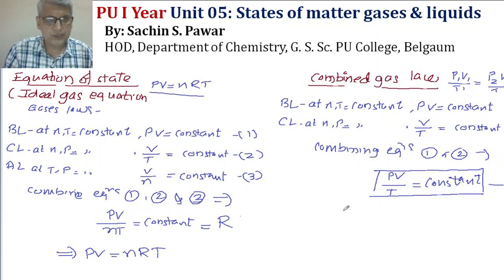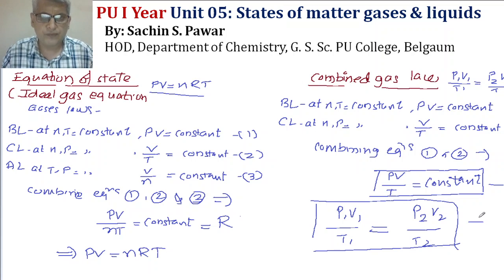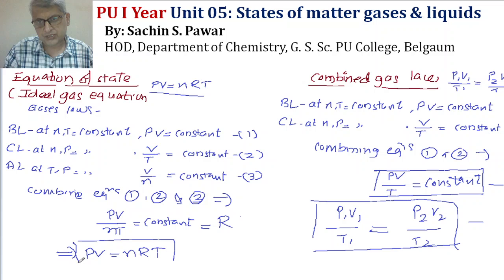That means if I take two conditions, P1, V1 and T1, and a second condition P2, V2 and T2, then this ratio should be always constant, and I got the equation. This is the combined gas law. We will be using these two equations for solving problems.